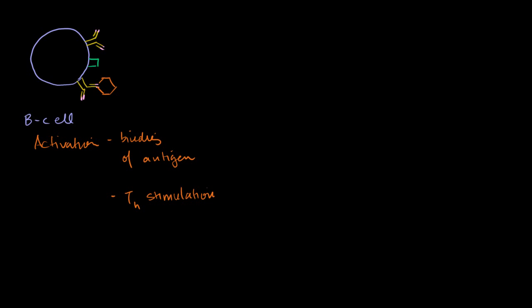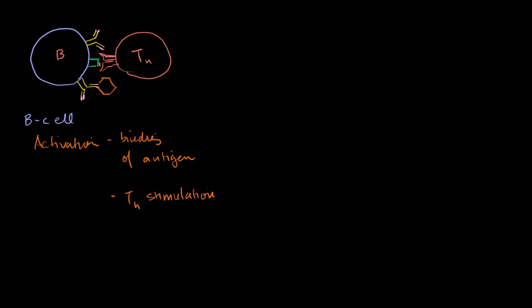This guy gets cut up, part of him gets presented right here, and then an activated helper T cell whose variable portion of their T cell receptor is specific to this could come along and activate this character. I'm not drawing that receptor well, but that right there is a helper T cell, and that is the B cell.